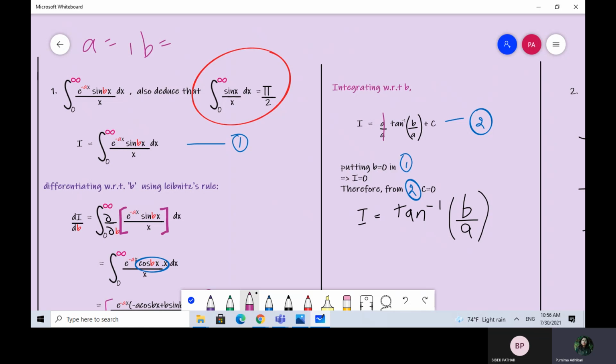Yes, exactly. Okay, a la 0, b la 1. So put a equals to 0, b equals to 1. What is your result? Tan inverse of infinity. Why not? Tan inverse of infinity is pi by 2. Hence proved. Yes, exactly.